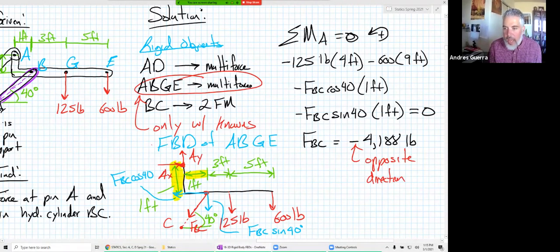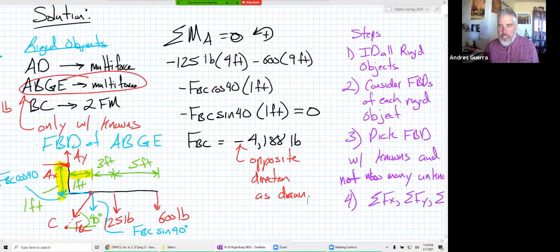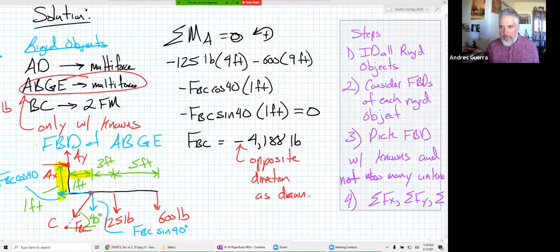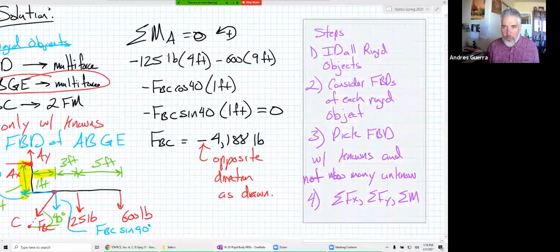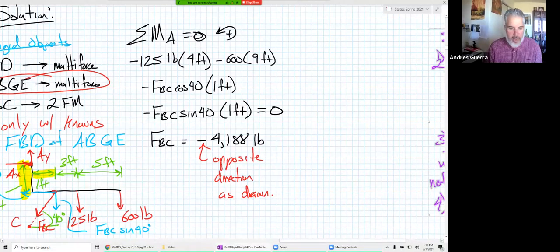I do not want to go back and change it. I picked that direction. If I went back and changed it, I'd have to change the signs on my equation that we just did. And that gets us into a loop where we're going back and changing our FBD. Once we pick that FBD, we just stick with that FBD and don't even worry about it anymore.